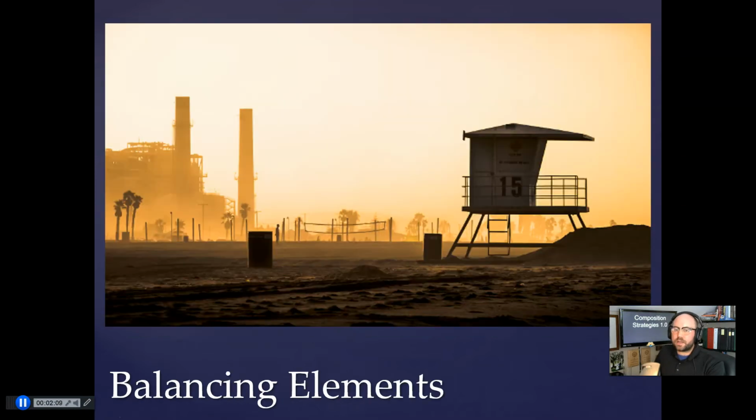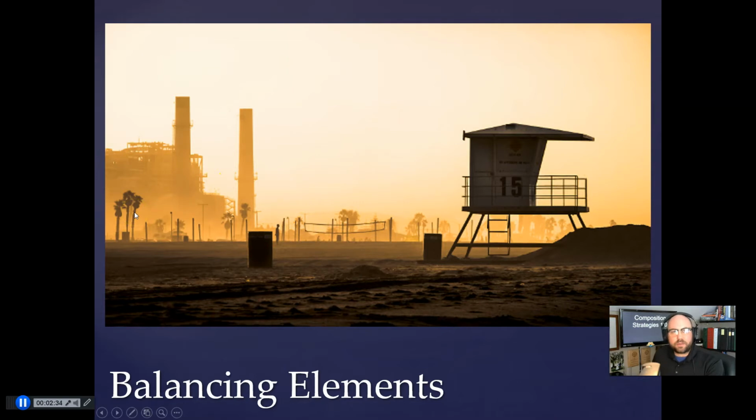The next composition strategy is called balancing elements. With balancing elements, what you're looking at here is having 2 or more, but generally 2 elements that work off of one another. So for instance here we have again this lifeguard station and then a power plant in the background.